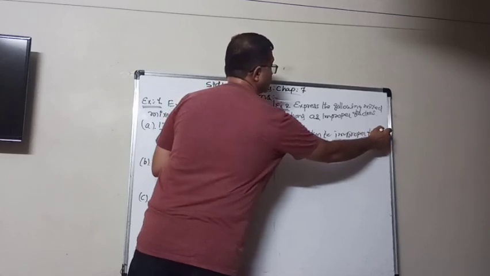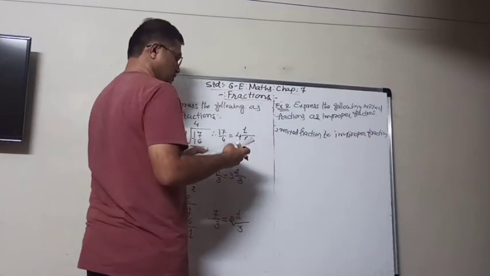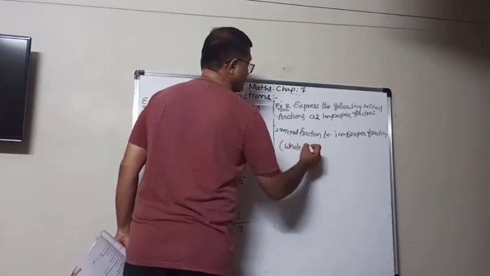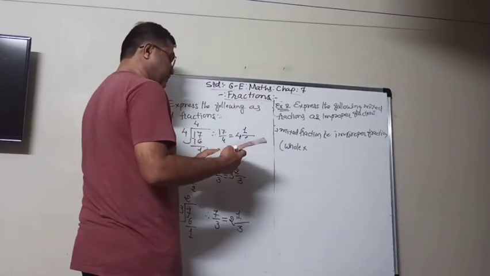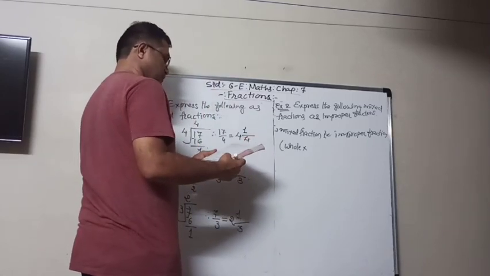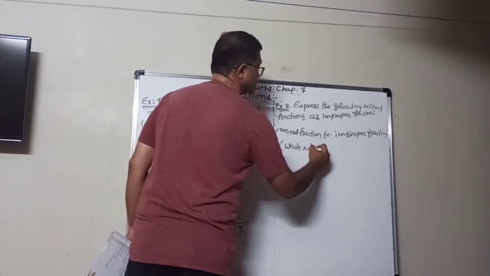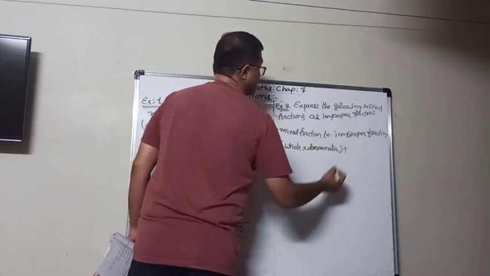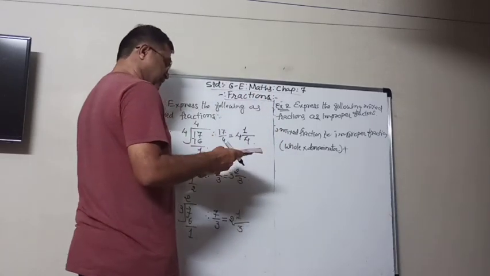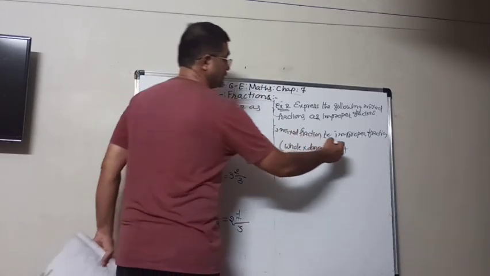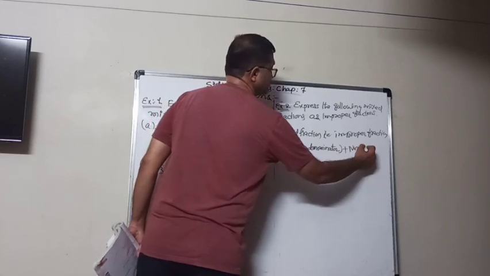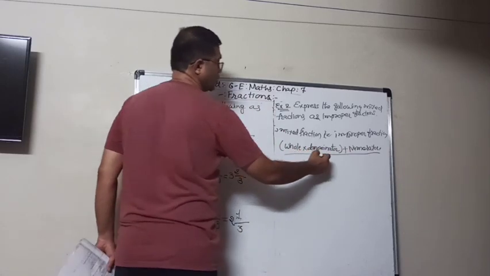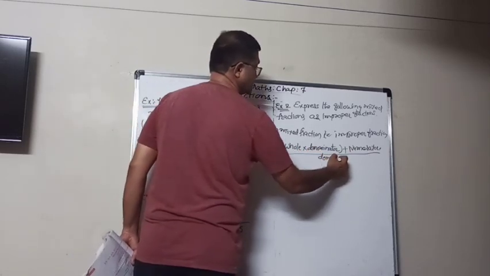What we will do now, that is equal to whole multiplied by denominator plus remainder, means numerator, plus numerator upon again the denominator. That is the method.